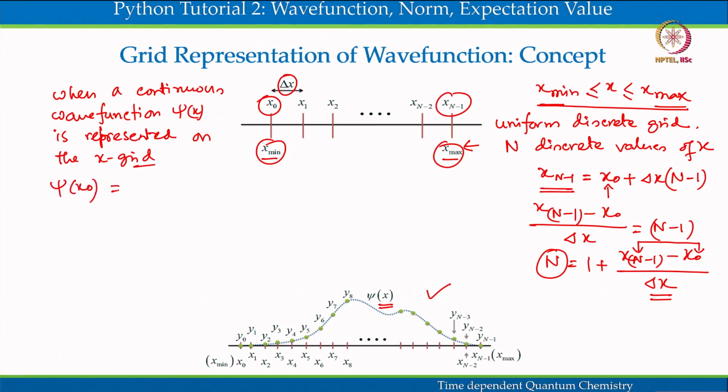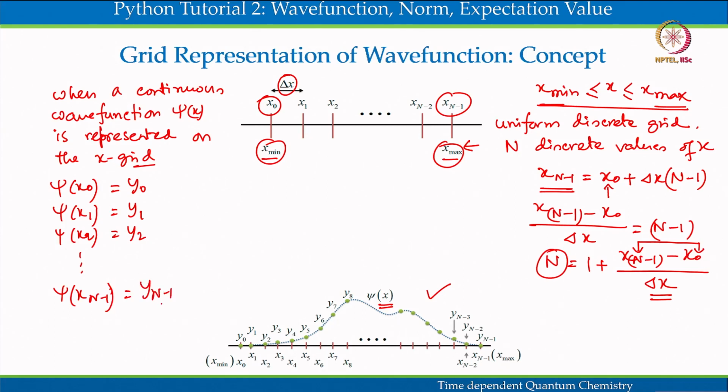At x equals x0, I get the wave function value y0, then psi(x1) I get y1, psi(x2) I get y2, like this way, and then psi(xn minus 1) I get yn minus 1.